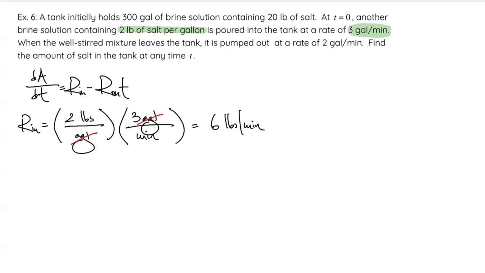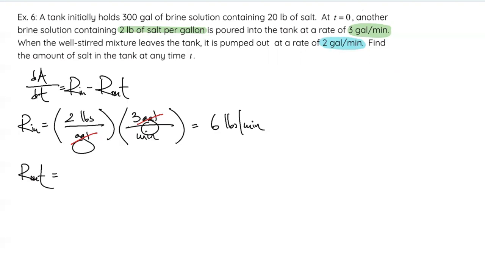Okay, now we have to figure out our rate out. And our rate out is actually going to be a little bit different this time, for one specific reason. The well-stirred mixture leaving the tank does not leave at the same rate.